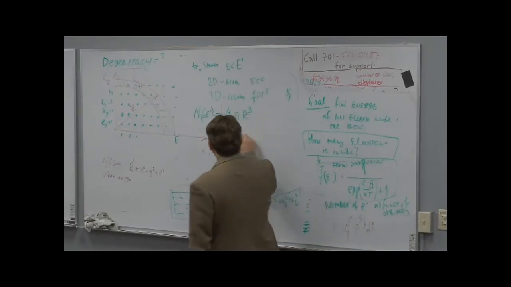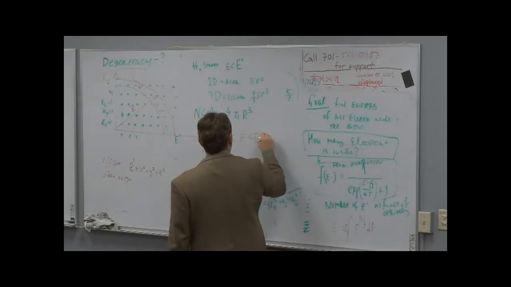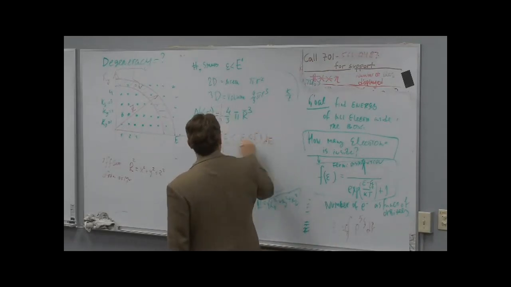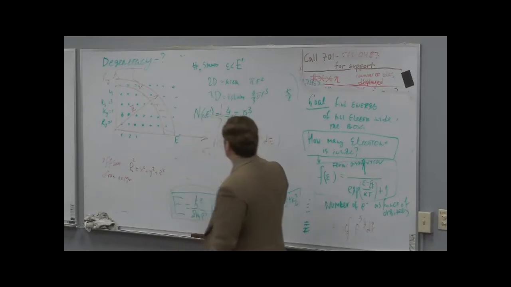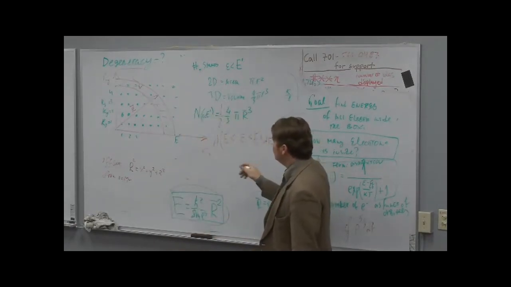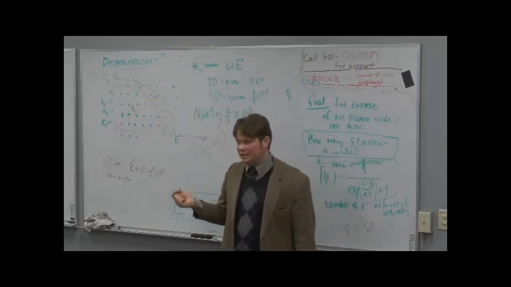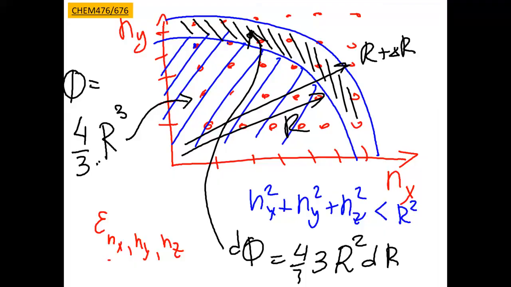What if we are looking for all states that stand between E prime and E prime plus dE? What if you are looking at all states in the vicinity of a specific radius or specific energy? So we do have so many states.